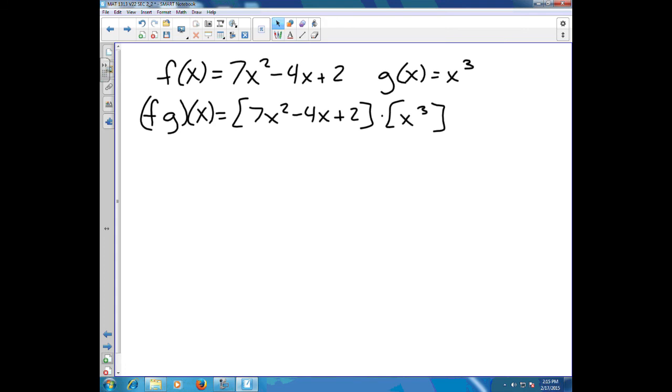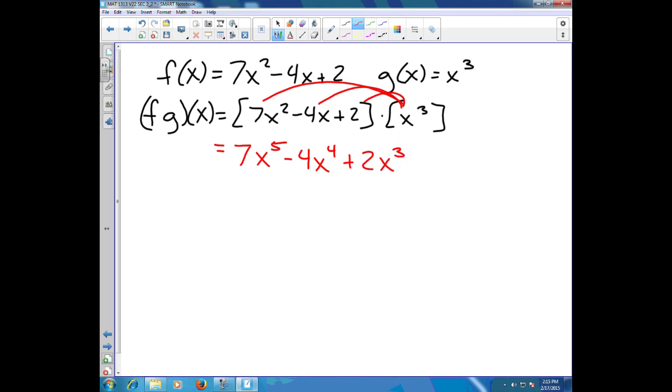Well, since we're multiplying, x cubed will distribute to each term. 7x squared times x cubed is going to give you 7x to the fifth. Negative 4x times x cubed is going to give you negative 4x to the fourth. And 2 times x cubed is 2x cubed. Again, we can look at this function. There are no denominators, no square roots. So the domain of f times g is minus infinity to infinity.